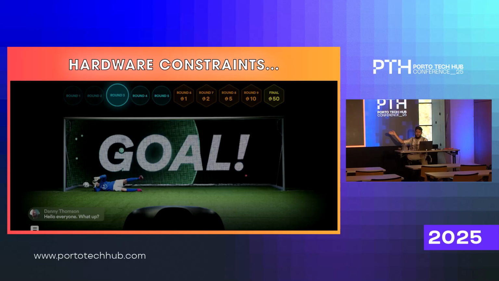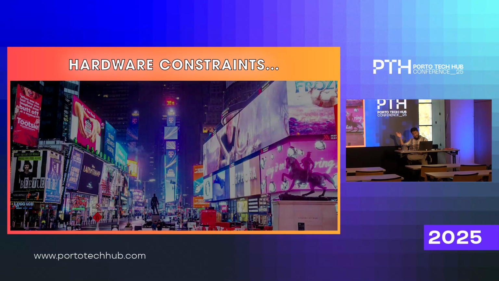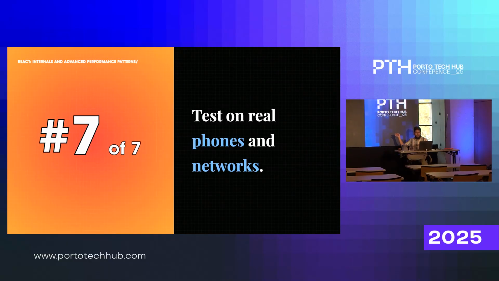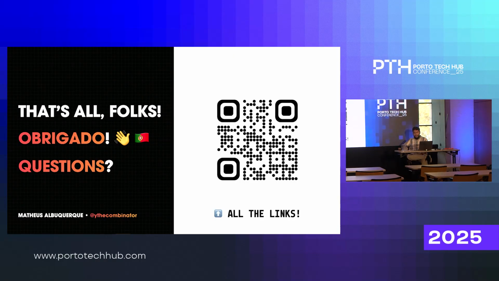Like the game I told you 1 hour ago, or even running in the browsers that run in billboards, which guess what, are super, super limited in hardware and in their own implementations of browsers. All things considered, also try to test on real phones and networks, because this will be the best way to force you to be mindful of all of those aspects.